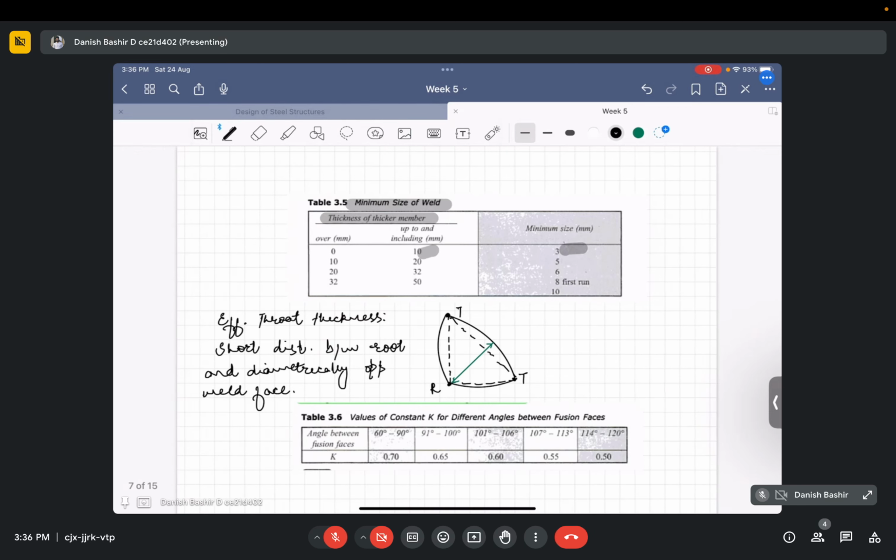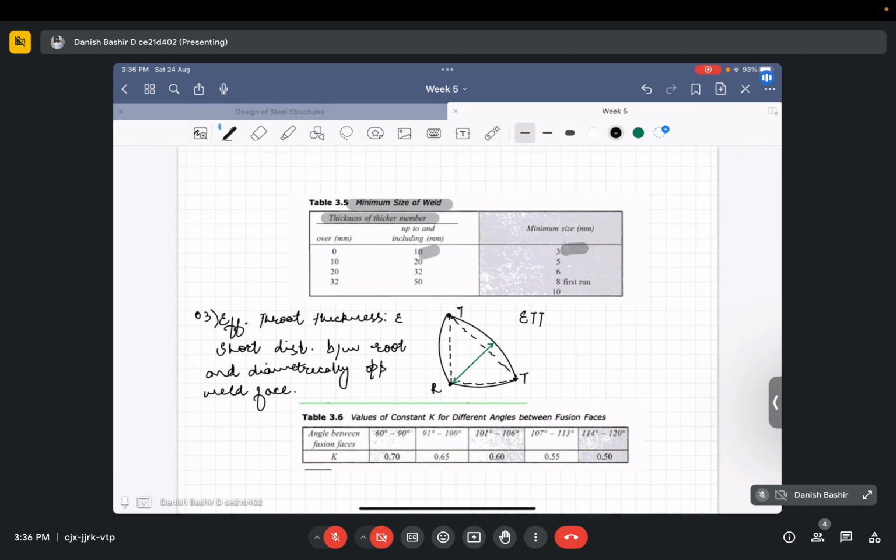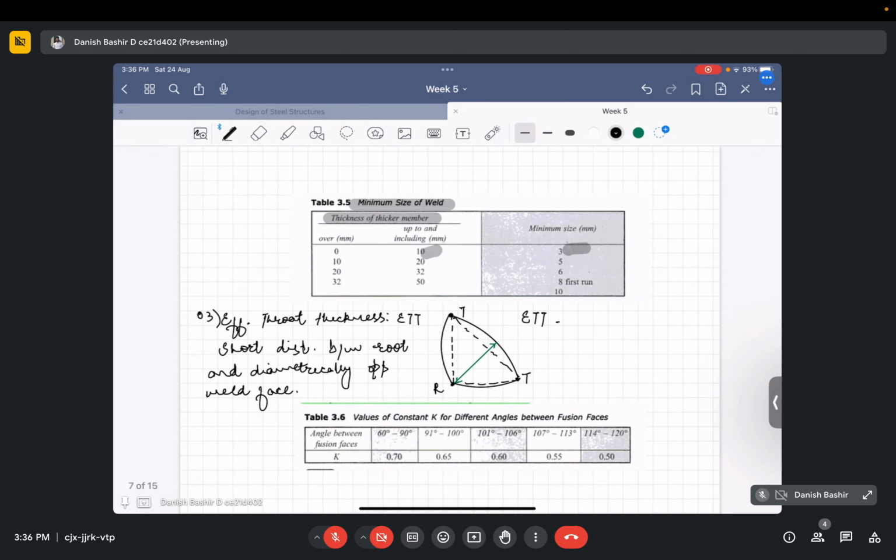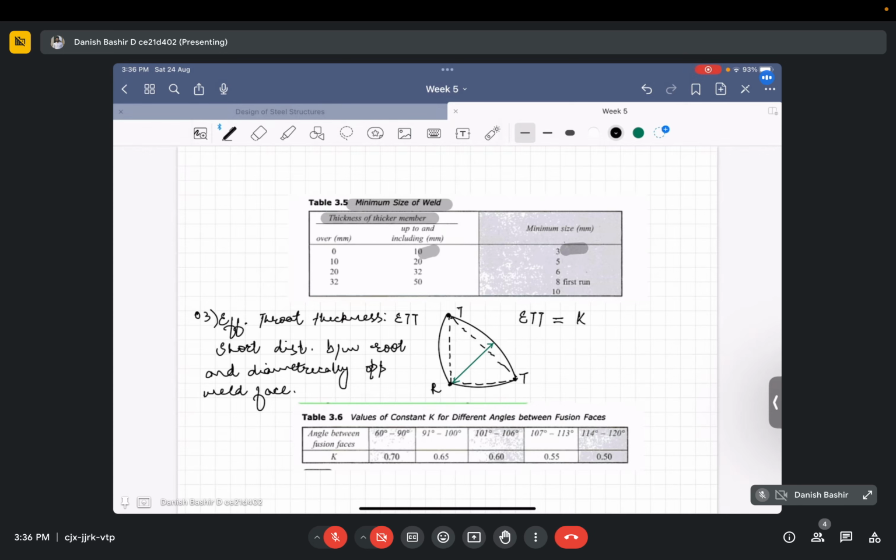So this is the third, I guess. And we take the effective throat thickness, ETT, to be equal to some constant K times the size of the weld. Remember, K times the size of the weld, where the value of K is a constant, and K depends upon the angle between the fusion faces.